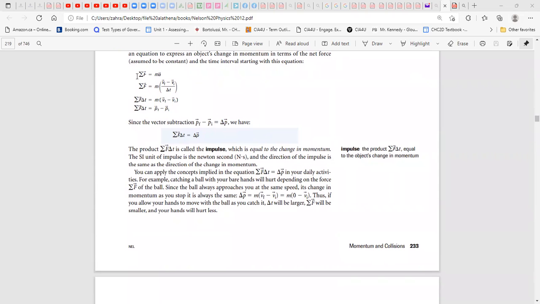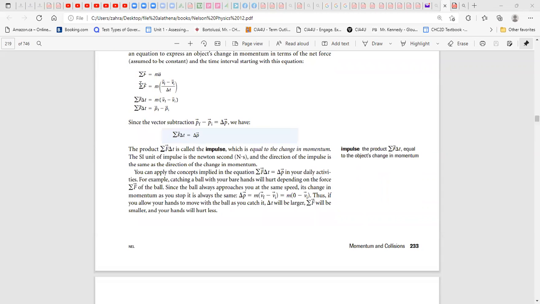Okay, we can prove that mass and force have some relationship with each other. Total force is equal to mass multiplied by acceleration. Acceleration is change in velocity over time, v final minus v initial divided by time.